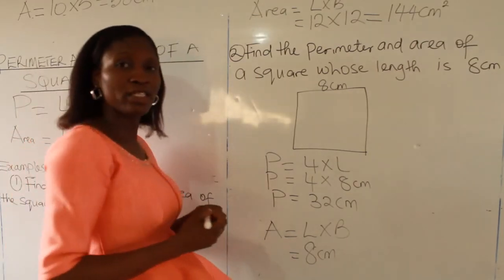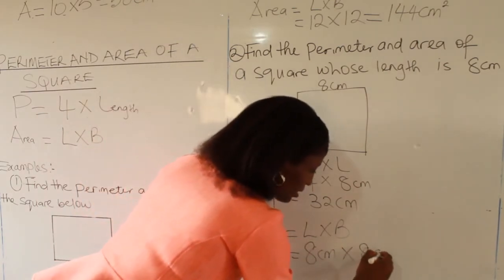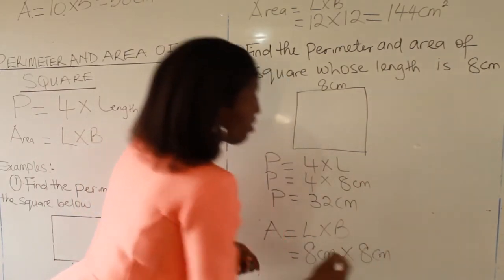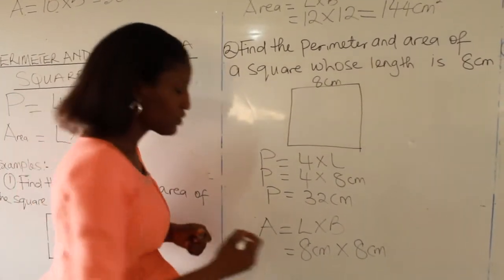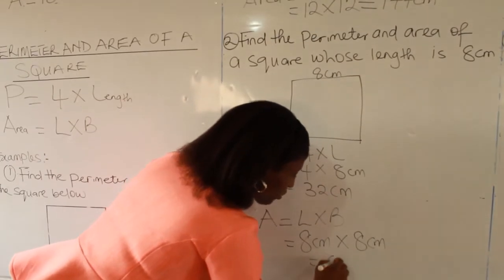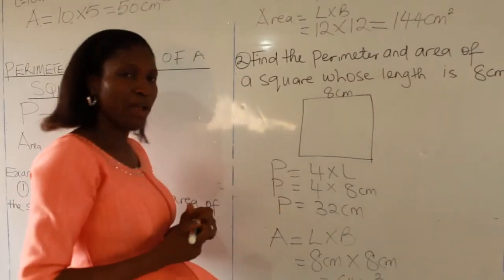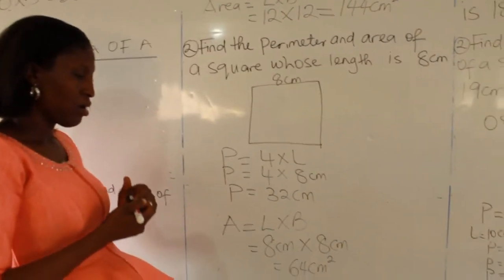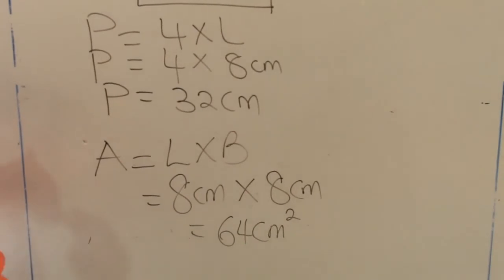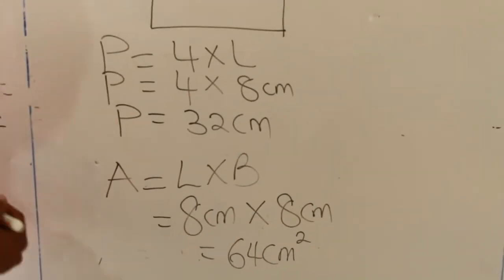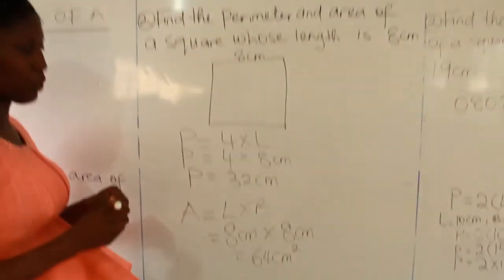So if our length is 8 centimeters, our breadth is also 8 centimeters. So 8 times 8 gives 64 centimeters square. The area of a square whose length is 8 centimeters is 64 centimeters square.